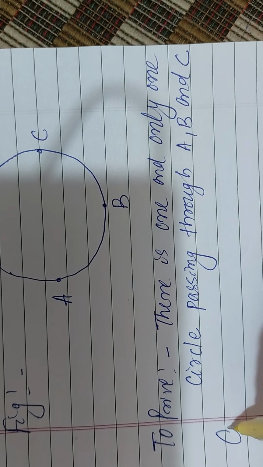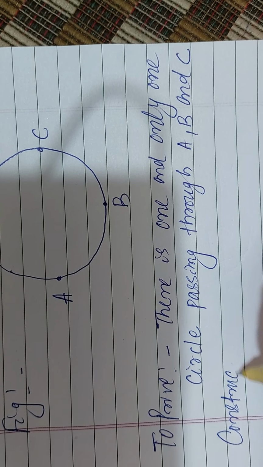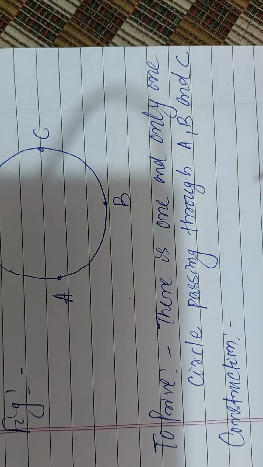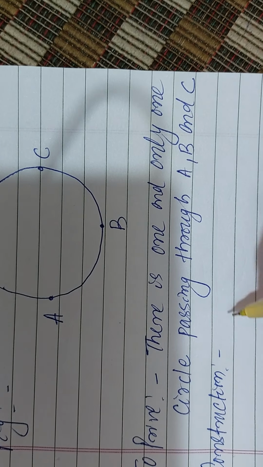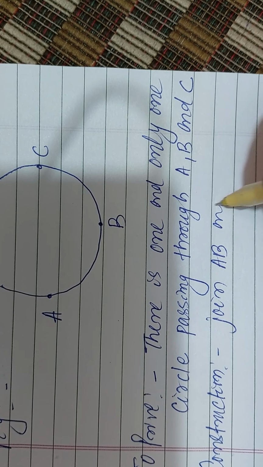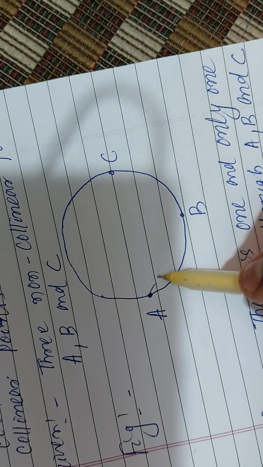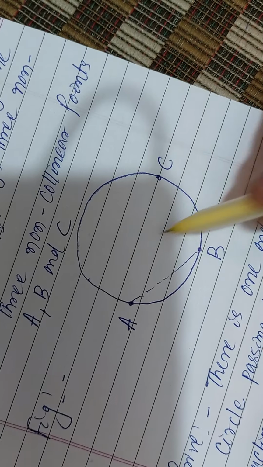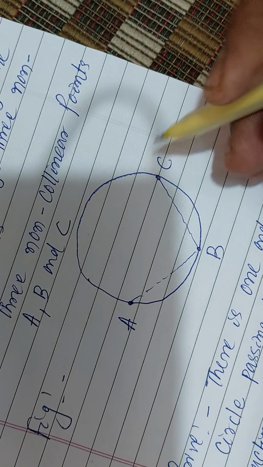Here construction is required. The given condition is not sufficient to prove this theorem. So we construct: join AB and BC. Join just AB and BC. Right?